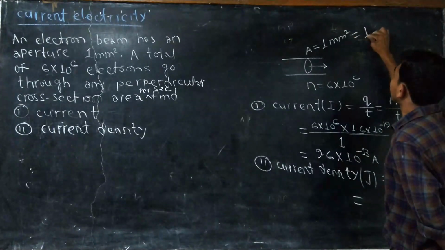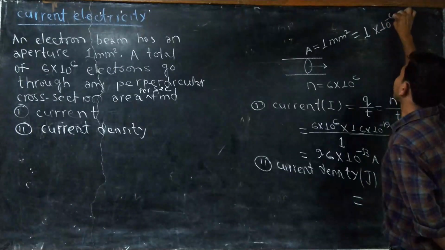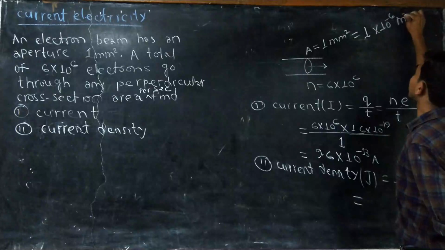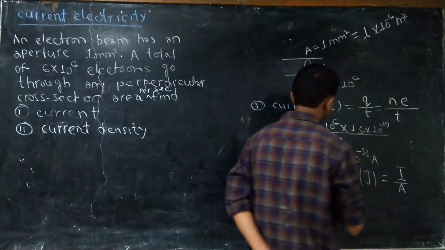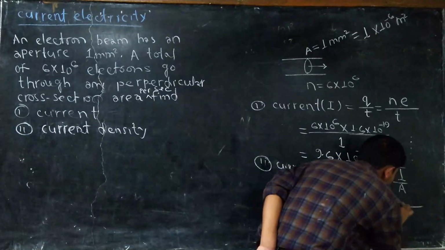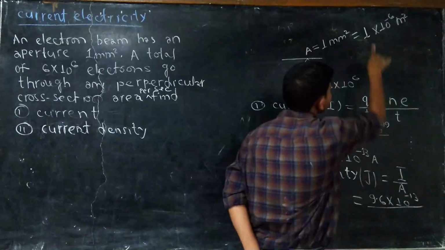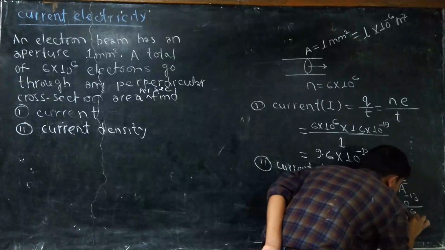To convert into meter square, we multiply by 10 to the power minus 6. So if I substitute the values, 9.6 into 10 to the power minus 13 divided by 1 into 10 to the power minus 6.